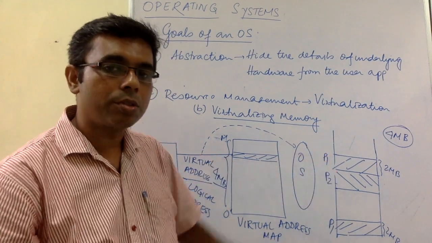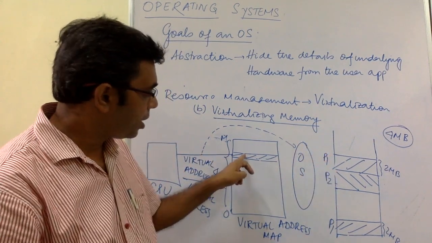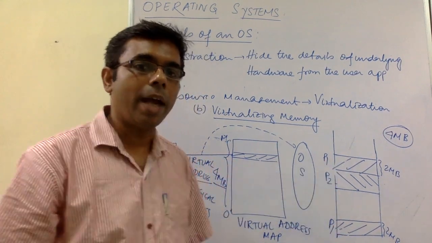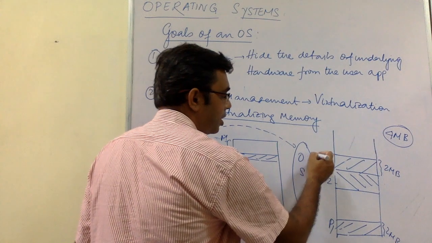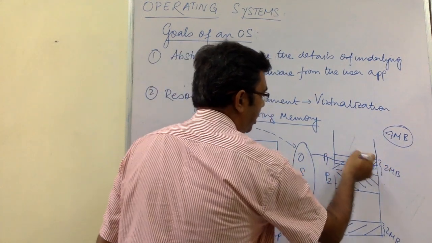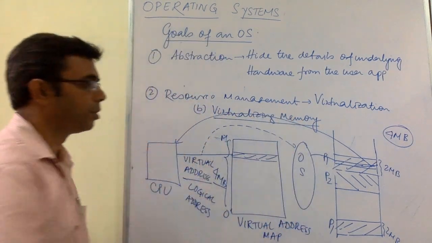The OS knows which physical address this location in the virtual address corresponds to, whether it is in this chunk or this chunk, and accordingly it sends the access to that location.